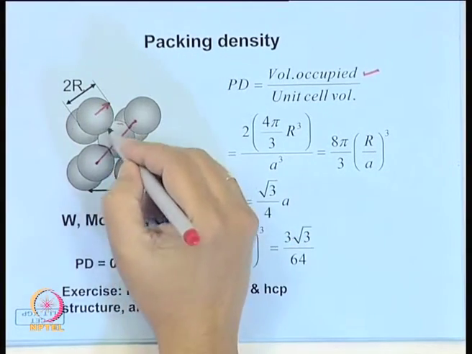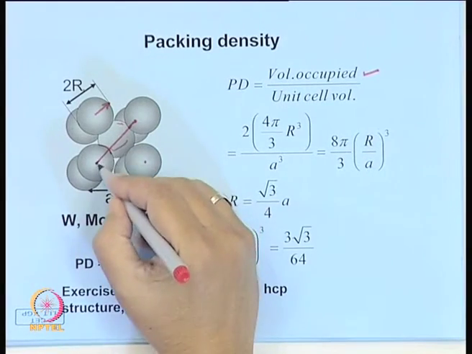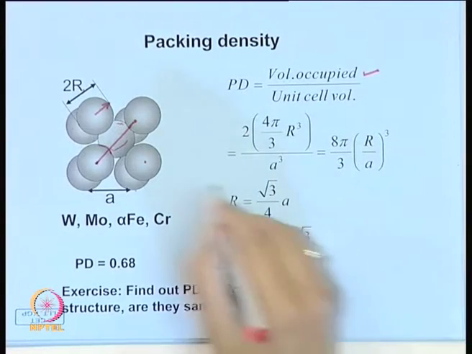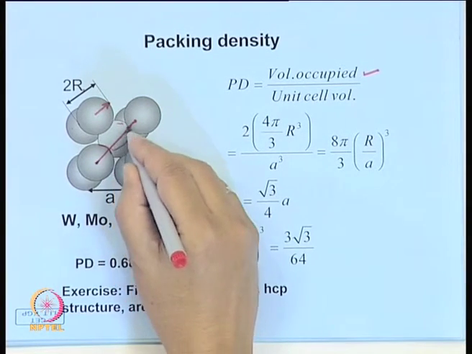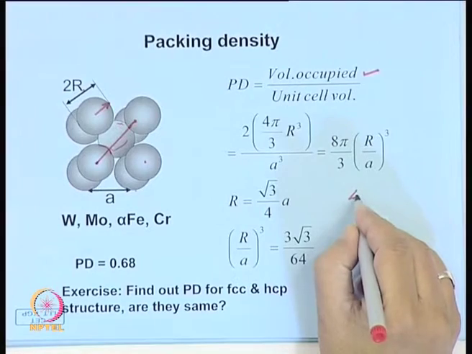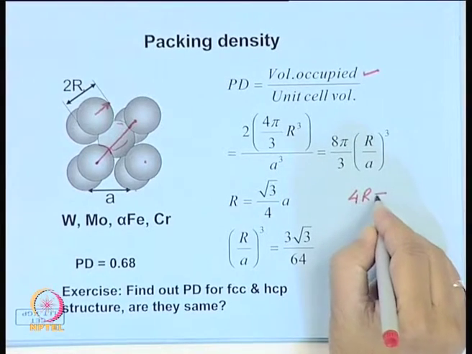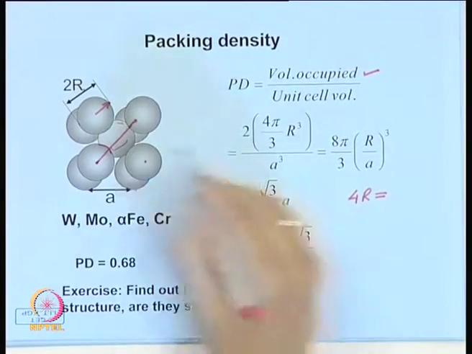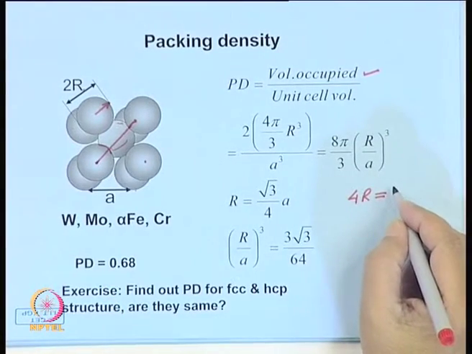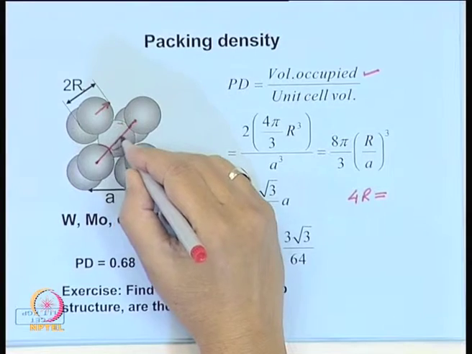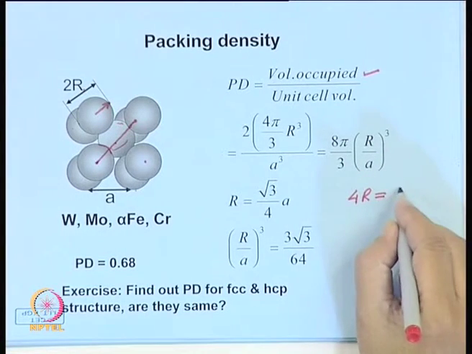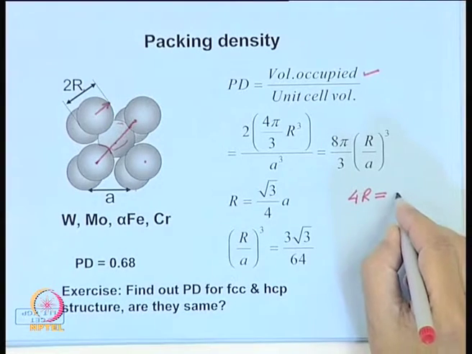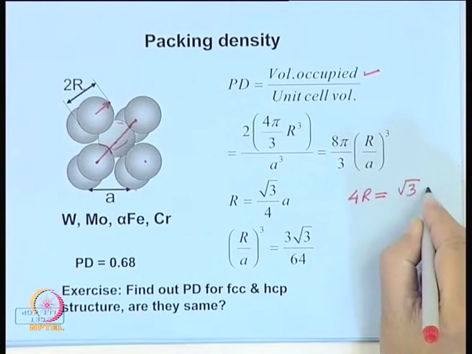So, therefore, what you have, this diagonal is actually equal to 2r and 2r, that is 4r. 4r is equal to the diagonal. So, diagonal is equal to root 3 A.